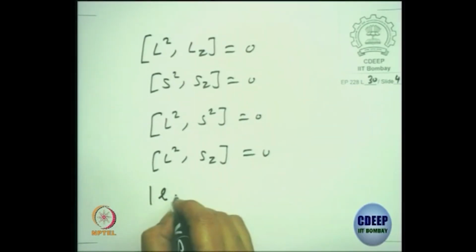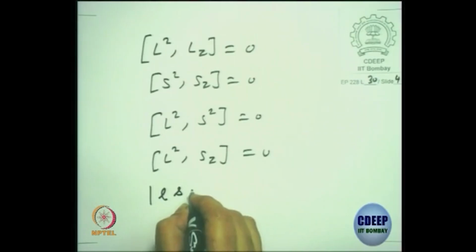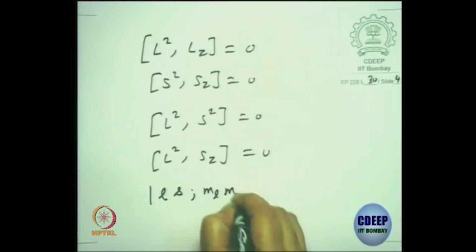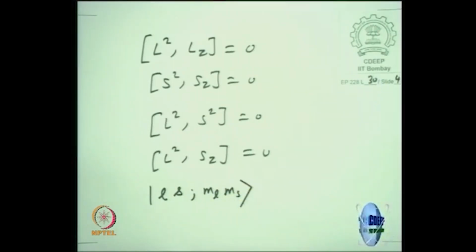I can write L, S, ML, MS. What is the difference between these two sets? This keeps the tag of the orbital quantum number and the spin quantum number, the magnetic quantum numbers. The magnetic quantum numbers of the orbital part and the spin part, it keeps tagged. So it is like, this piece is the orbital quantum number, this piece is the spin quantum number, then I have this information together, right?